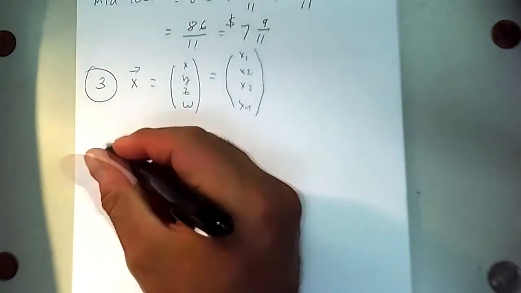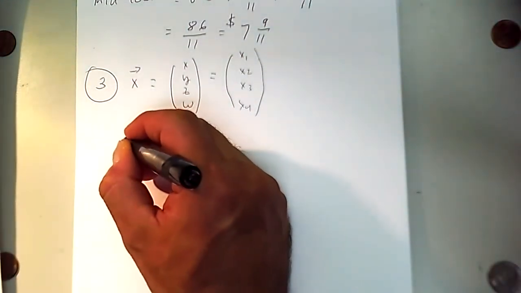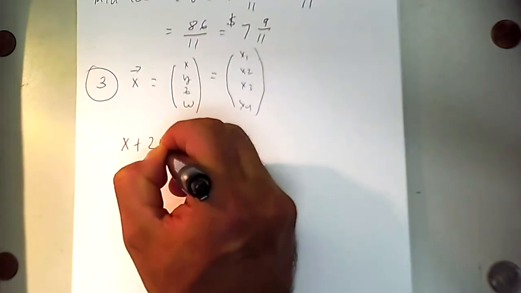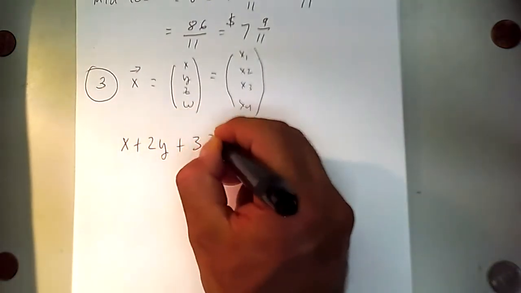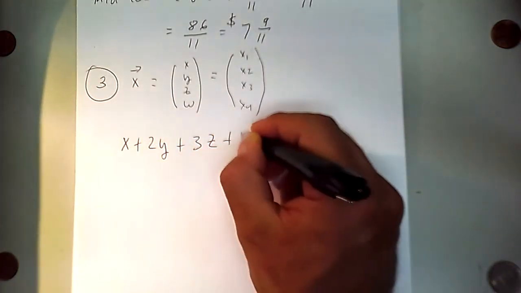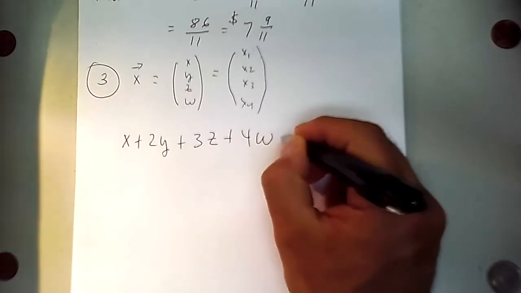Okay, so the equations are x plus 2y plus 3z plus 4w equals 12.